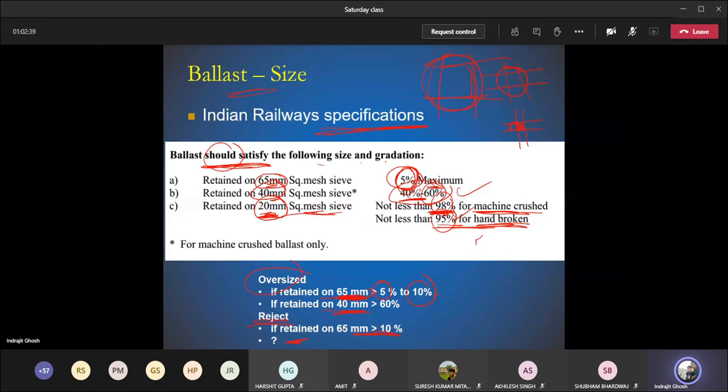We will also say it is rejected when it is less than 40%, which I have not included in the slide, in case of the 40 millimeter sieve. It is given on the railway website, so please cross check it and read it from there.